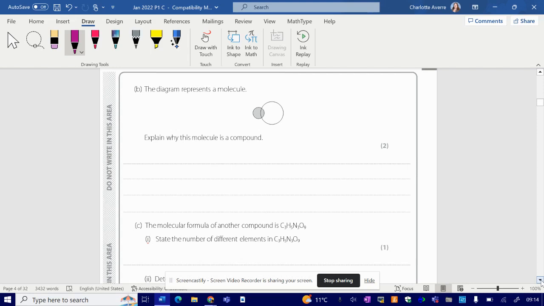So a compound is something that contains two different kinds of atoms, or two different elements would also be acceptable. And the key that shows you it's a compound rather than a mixture is that they are bonded together. Okay, I'm writing my answers as bullet points.